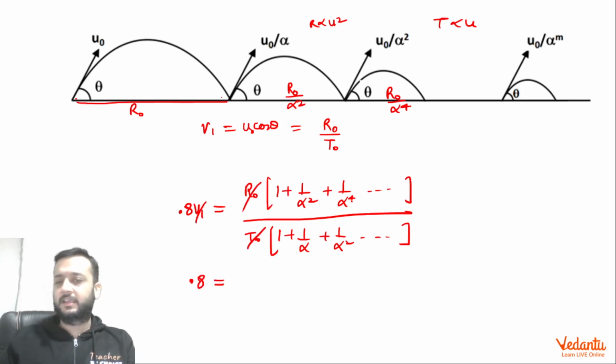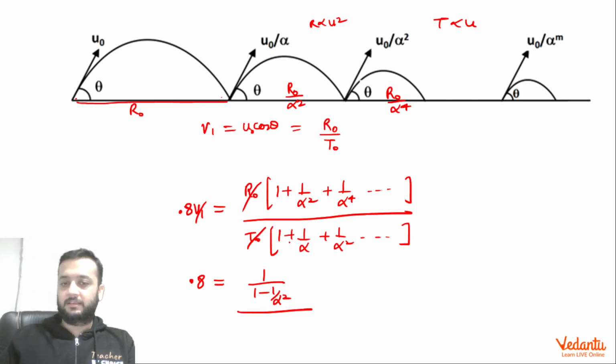Now it's pretty easy. The first infinite GP has a common ratio of 1 by alpha square. So we can write A upon 1 minus R, divided by, this has a common ratio of 1 by alpha, so A upon 1 minus R. So in the numerator you can write 1 minus 1 by alpha into 1 plus 1 by alpha, using a squared minus b squared equals a minus b into a plus b. 1 minus 1 by alpha will be cancelled out.